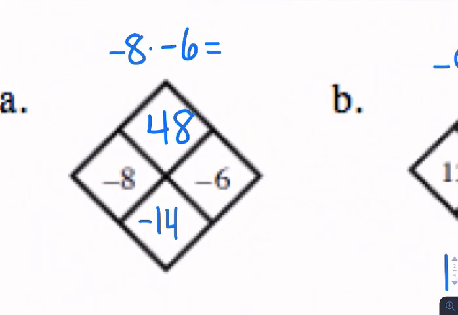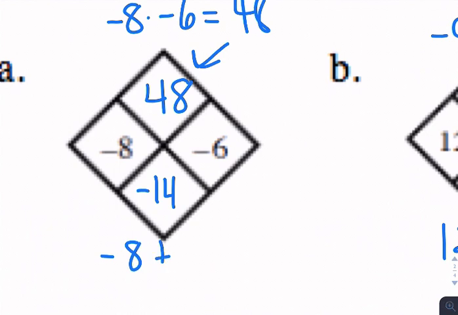All right, my diamond problems. For this first one, this is the easiest one because it gave us the factors and our add-in. So I have negative 8 times negative 6, and that gets us positive 48, so that one goes there. Then I have negative 8 plus negative 6, and I get negative 14.